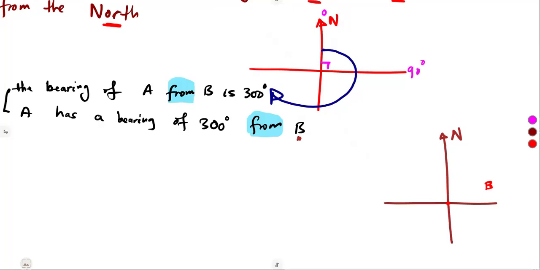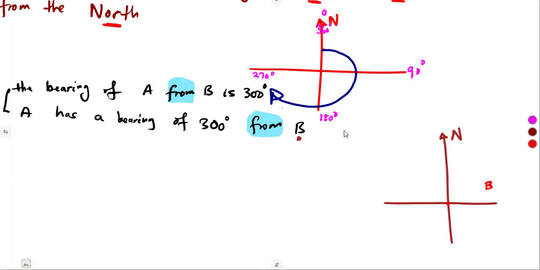As we move from the north, it will be 0 at the north in the clockwise direction. So that's 0, 90 degrees, 180 degrees, going this side, 270 degrees, back to 360 degrees.